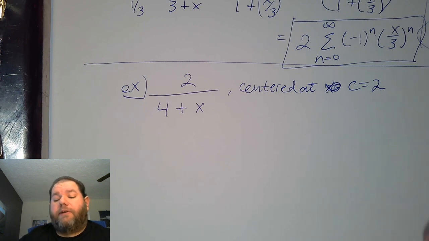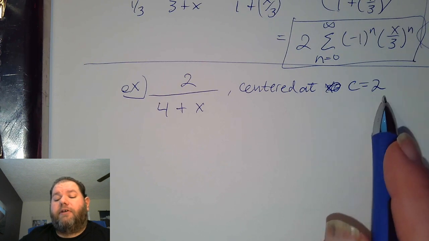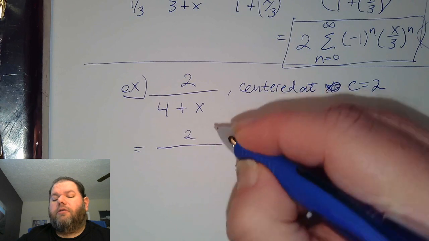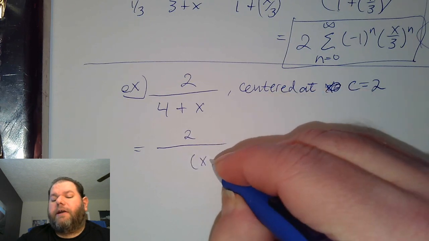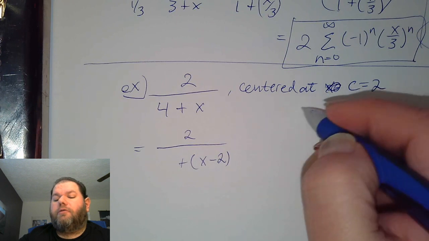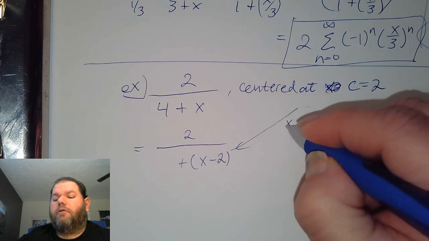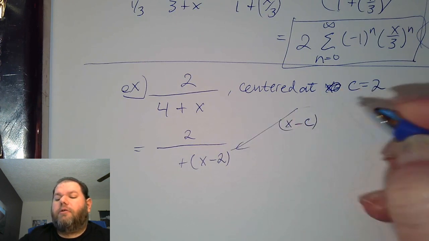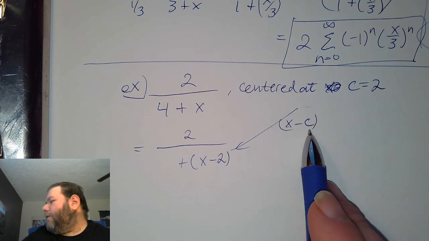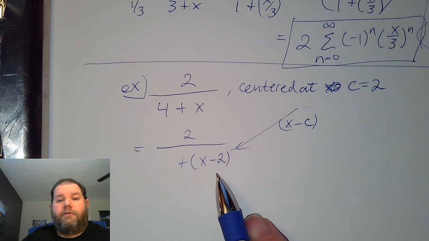Now, what that means, if it's centered at c equals 2, then we want this to be x minus 2. So whatever the center is, we want x minus the center to be right here.